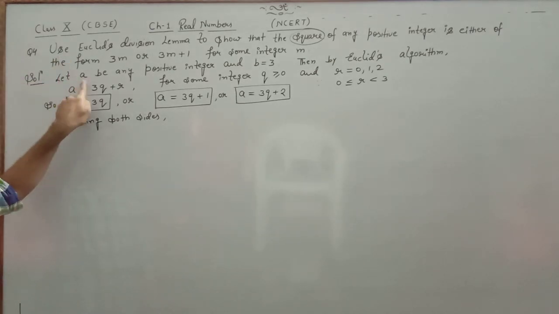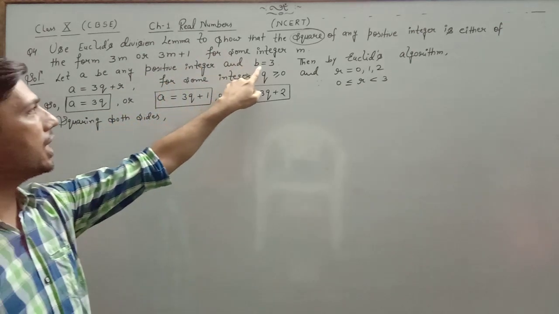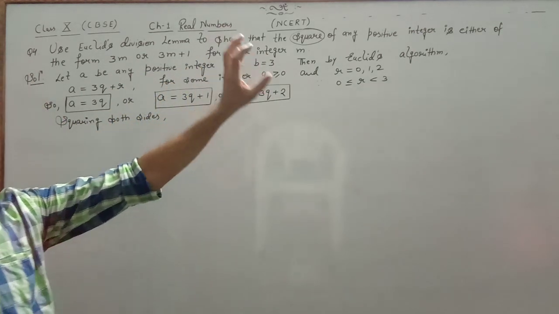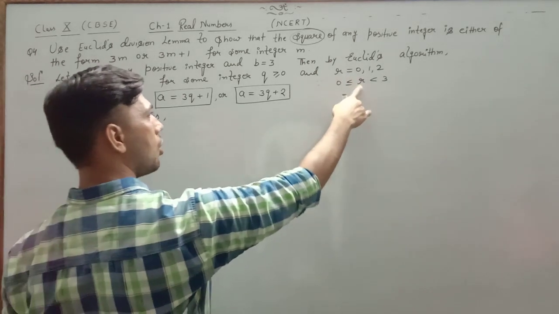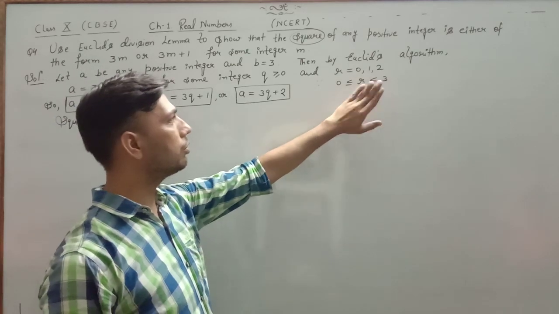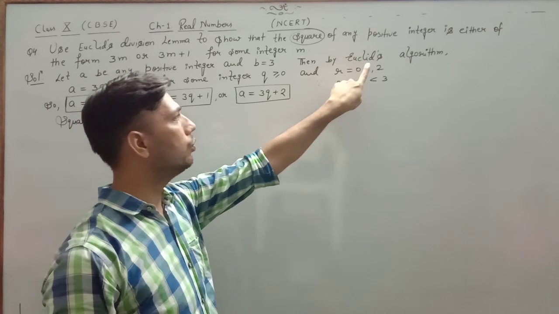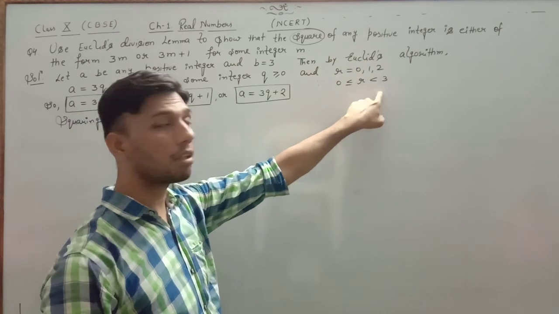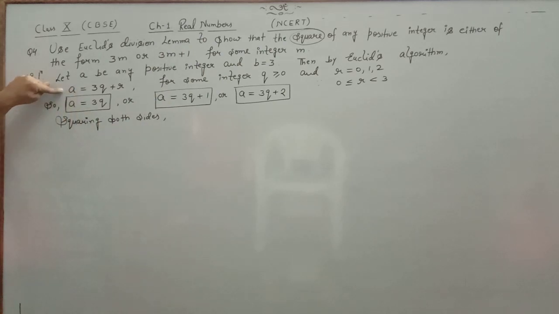So let a be any positive integer and b is equal to 3. If b is 3, then the remainder always lies between 0 and 3, equal to 0 but not equal to 3. So the possible remainders are 0, 1, 2 but not 3. Okay. So by the theorem, a equal to 3q plus r.